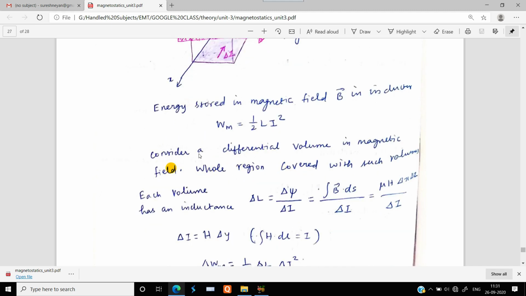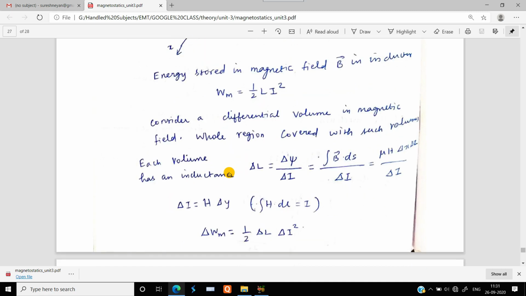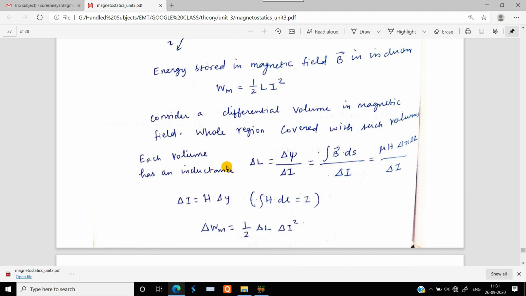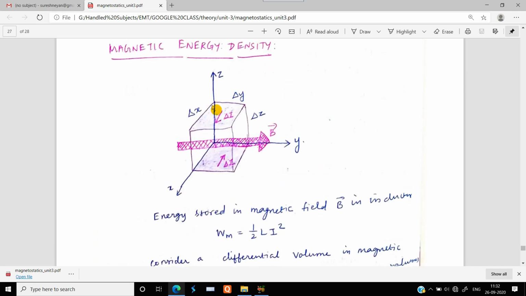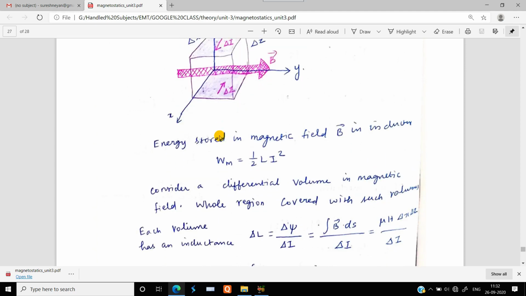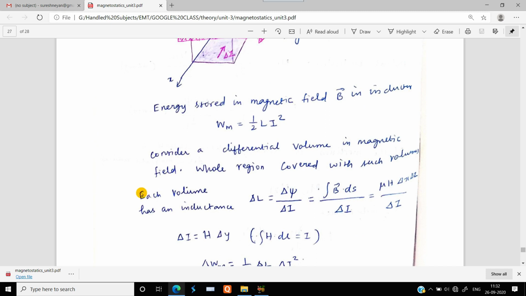So if you are considering a differential volume in the magnetic field, and the whole region is covered with such volumes, then each volume is going to have an inductance of del L, which is represented by the change in the flux linkage per change in the current.